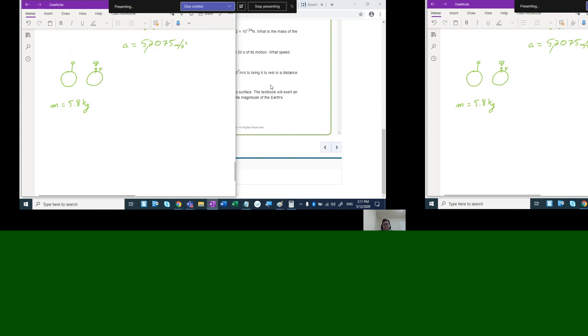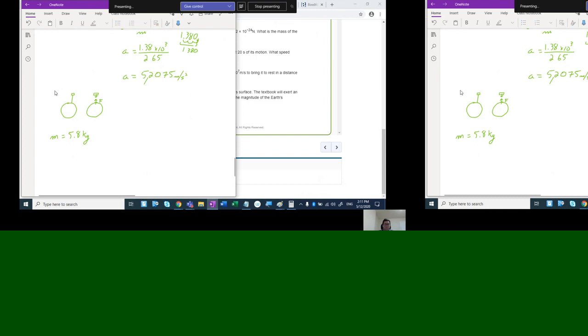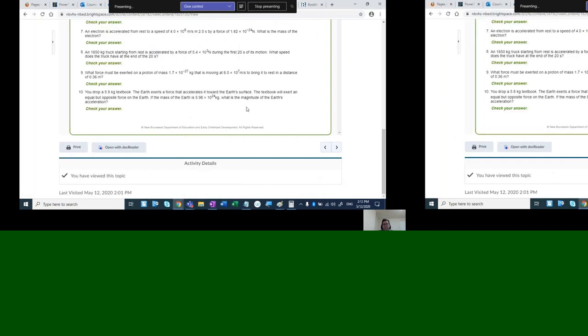By the way, this is problem 10. The textbook will exert an equal but opposite force on the Earth. That's an important sentence.